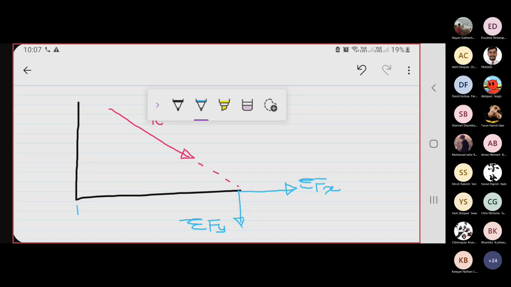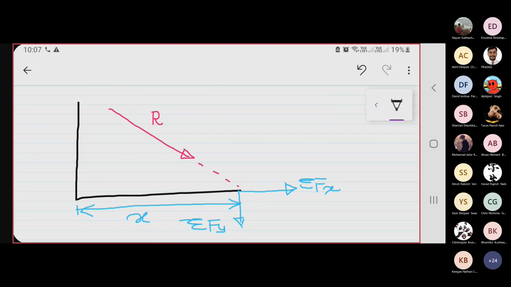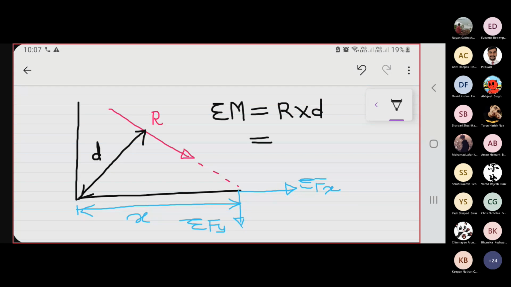Let it be at a distance of x. So what will be its moment? Summation of moment is equal to R, the resultant force, into D, or according to Varignon's theorem, it will be the summation of moments due to its components. So what are the components? Summation Fx.